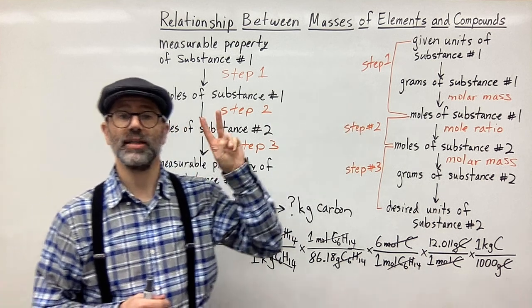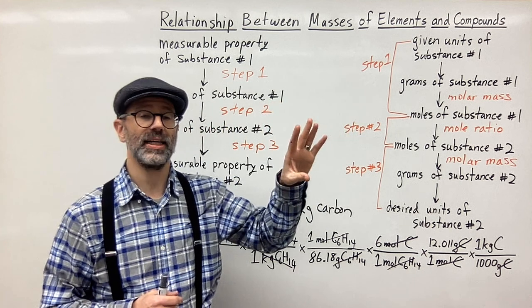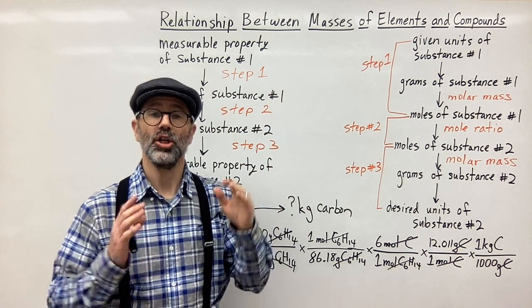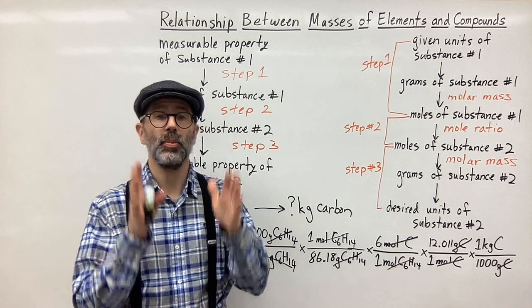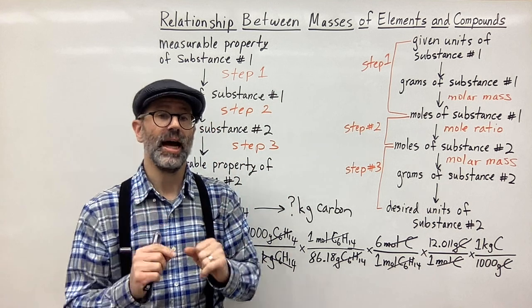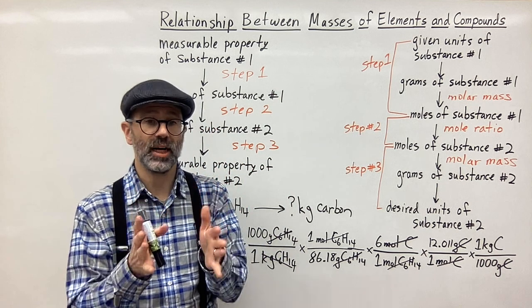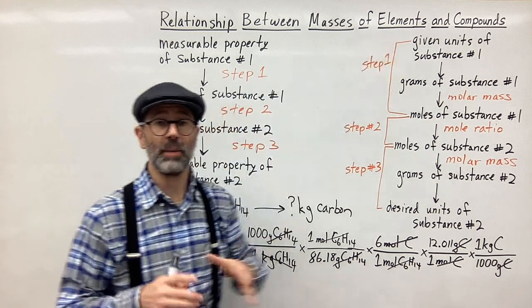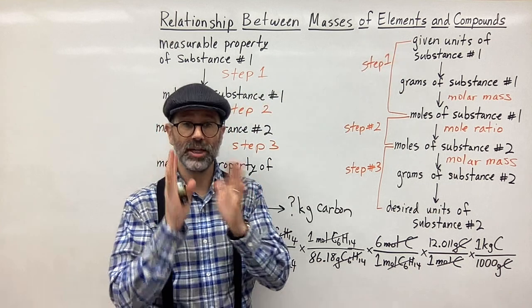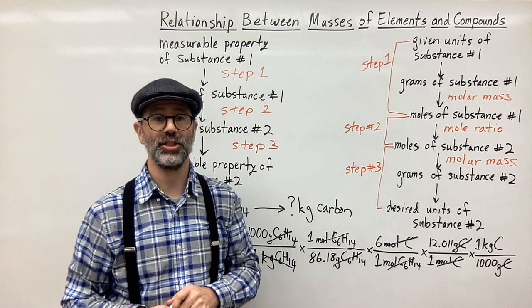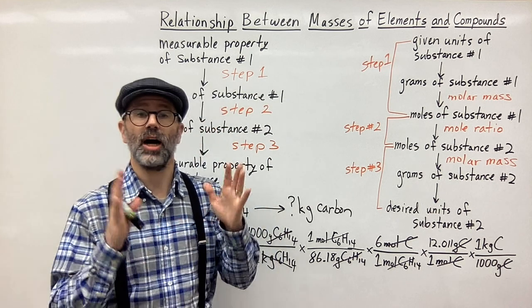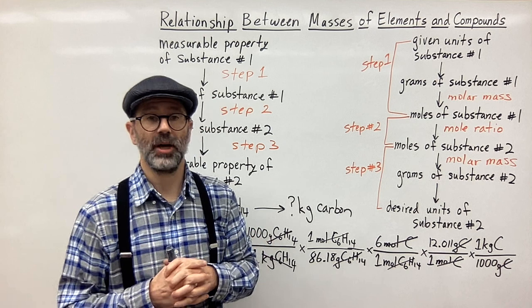Step 2, once you get to moles of that first substance they give you, convert that to moles of the second substance using a mole ratio between the 2 substances. Again, that mole ratio is going to come from the formula. If we're going between elements and compounds, it's in the formula. The ratio in the formula is your mole ratio. If you have a balanced equation, then the mole ratio is going to come from the balanced equation. Okay?